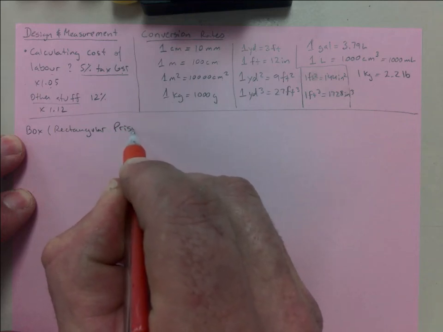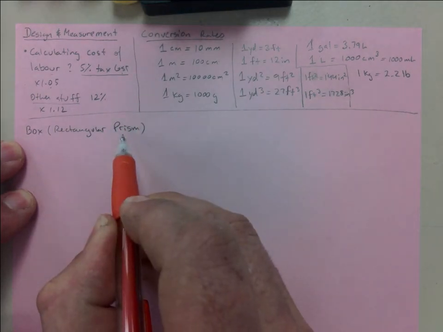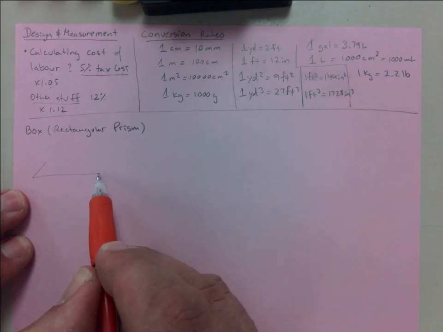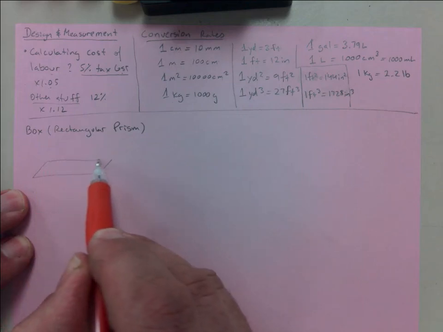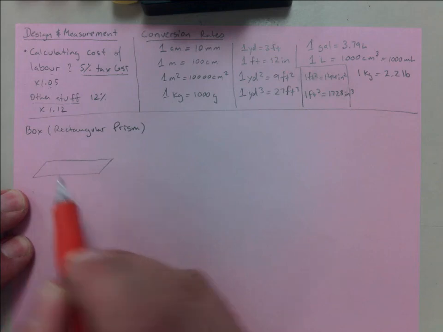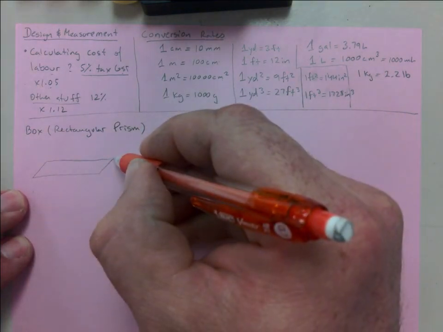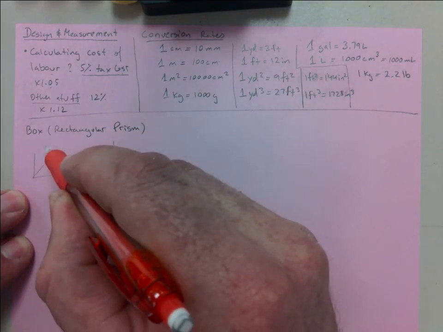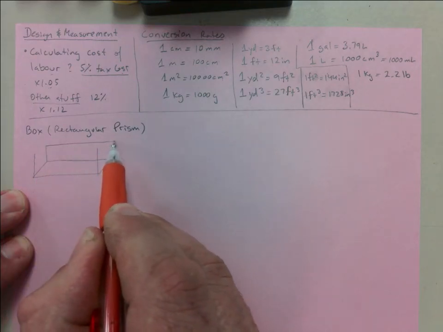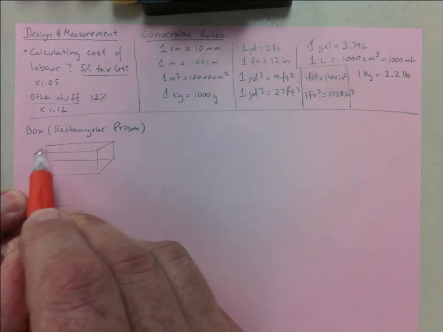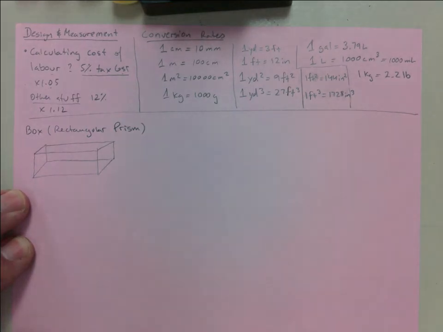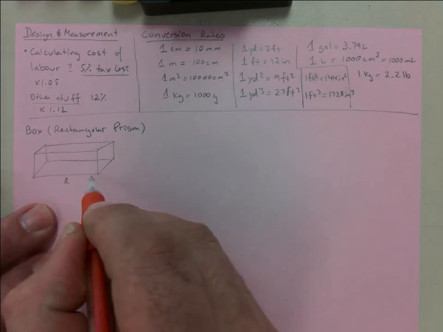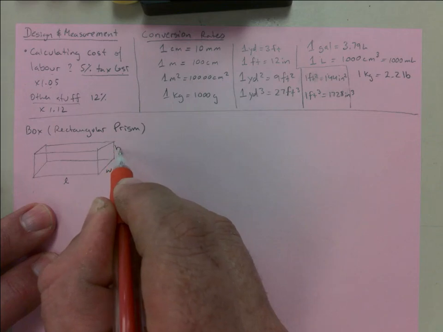Definition of a prism is, I'll try my best here. You make your base and then just add a height to it. And that essentially will give you a rectangular prism. It's a little off, but if you're given 3 values, normally the first one is attributed to the length, and then the width, and then the height.